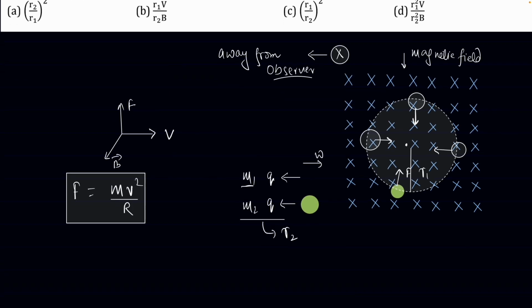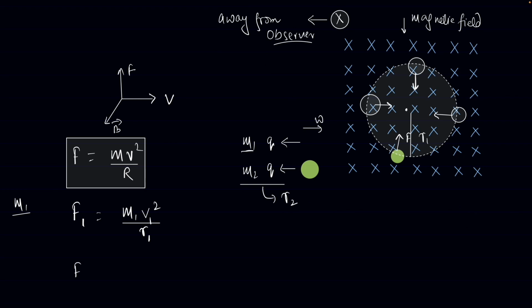So if we take the centripetal force due to the mass m1, we can say that F1 is equal to m1 v1 square by r1. And F2 for the mass m2 is m2 v2 square by r2.